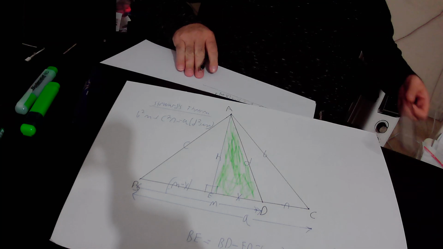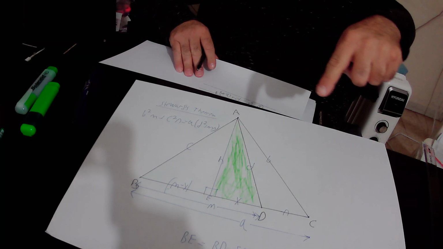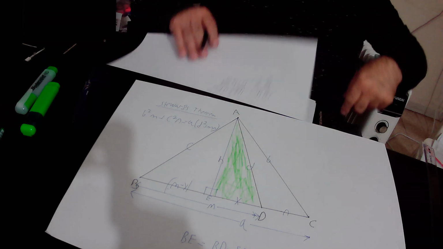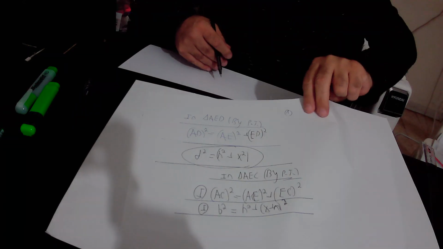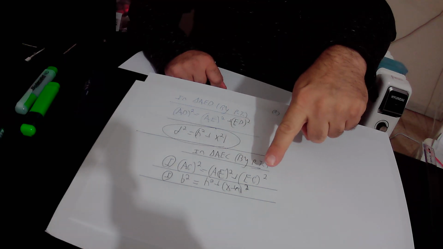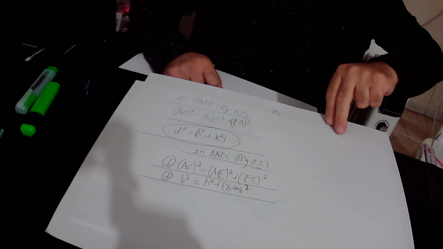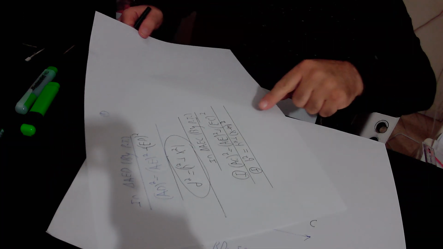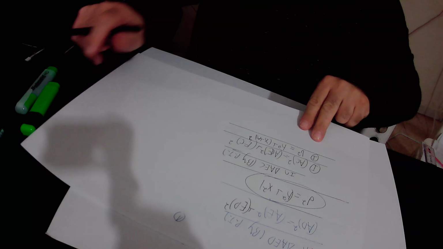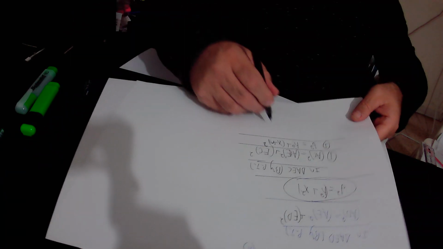So according to equation number 1 in triangle AEC, according to the Pythagoras theorem, we found out that b squared equals h squared plus (x plus n) squared.